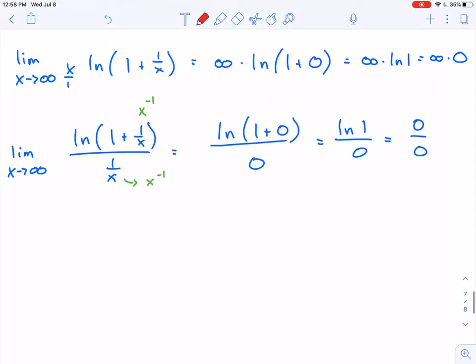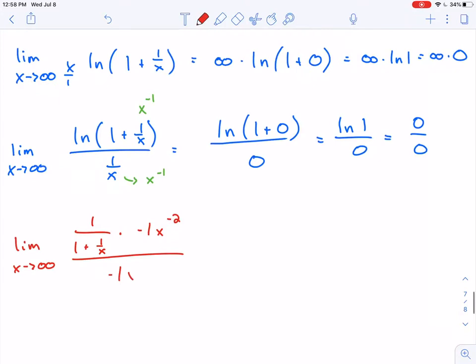So let's see. My numerator, limit as x approaches infinity, I am going to have to use the chain rule for this. The derivative of natural log of x should be 1 over 1 plus 1 over x, times the derivative of the inside part, that would be negative 1 x raised to the negative 2 power, divided by, in my denominator, negative 1 x raised to the negative 2 power.